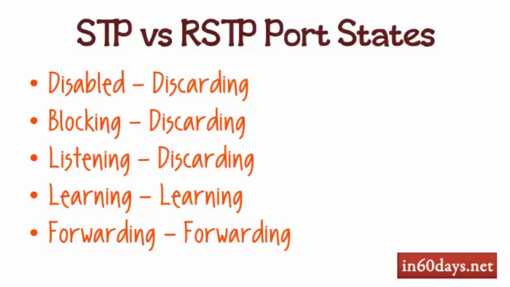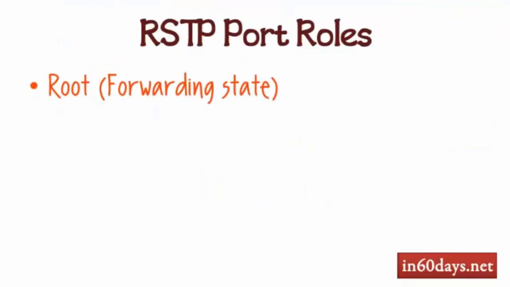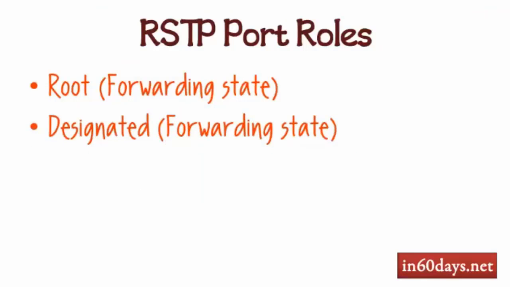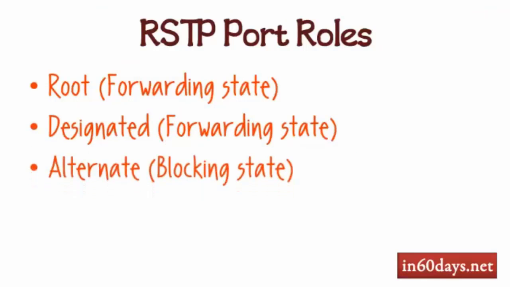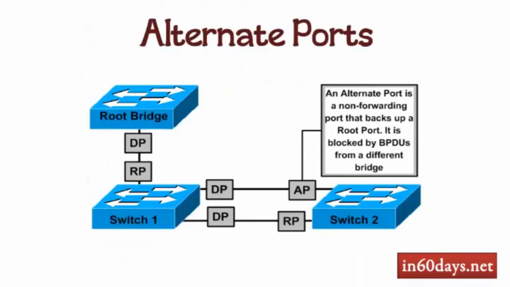Spanning tree on the left, RSTP on the right hand side. The port roles: root, designated, alternate, backup. You can see the alternate port, and I took a slide here from our CCNP notes on howtonetwork.net.